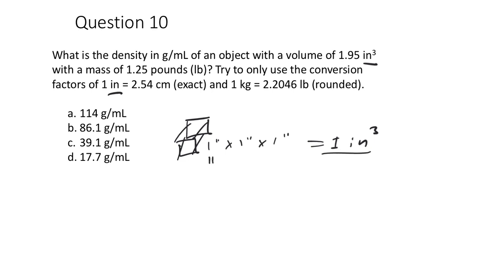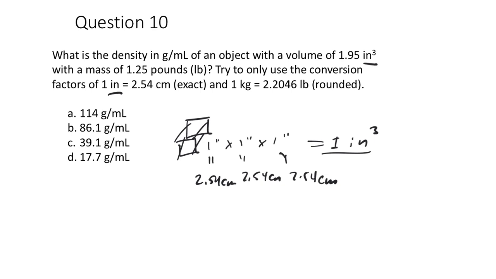And then if I say, well, that's 2.54 centimeters, that's 2.54 centimeters, and that's 2.54 centimeters. If you haven't seen this, that's exactly the number of centimeters in an inch, exact by definition.